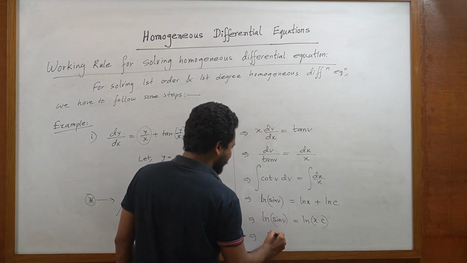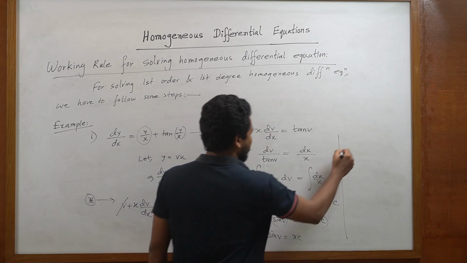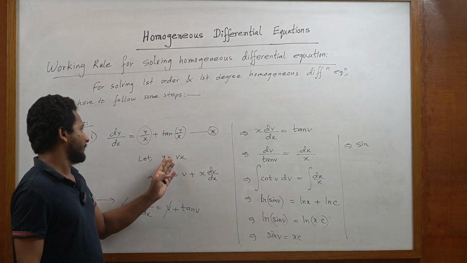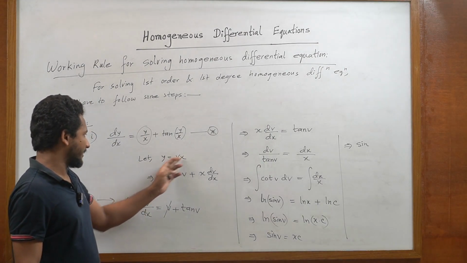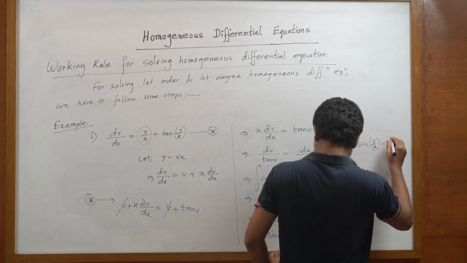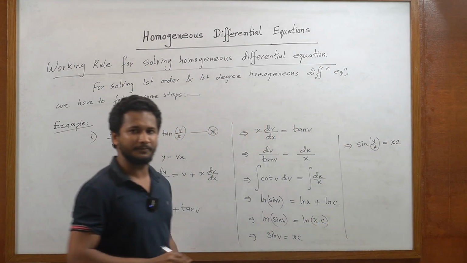So sin v equals x times c. We will replace v because we took v as y by x. So v should be y by x, sin of y by x equals xc. So this is the solution.